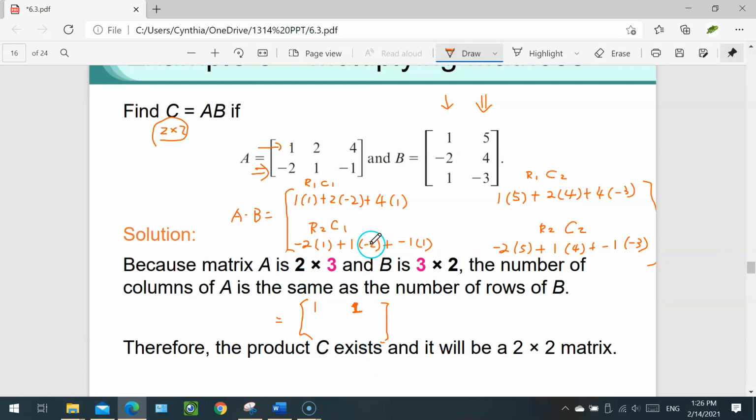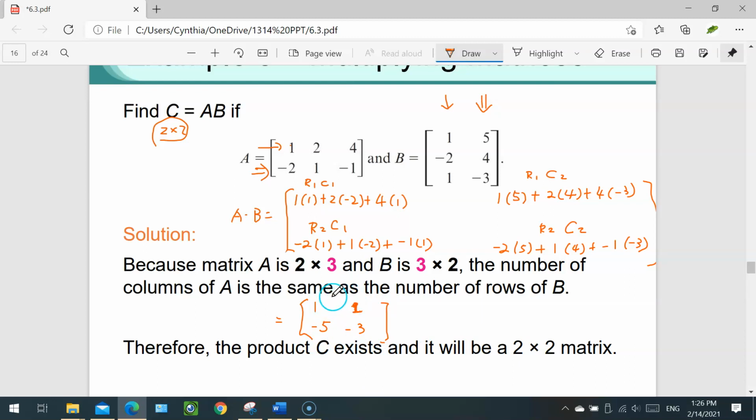Negative 2 minus 2, we have minus 4. Then minus 1, we have minus 5. Negative 10 plus 4, we have negative 6. Negative 6 plus 3, we get a negative 3.